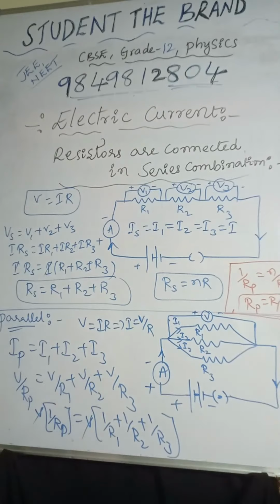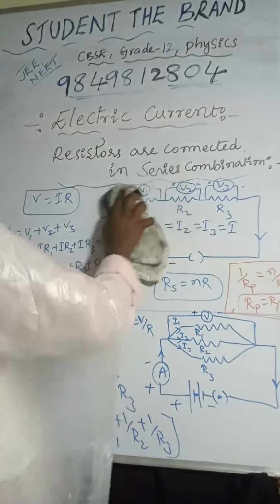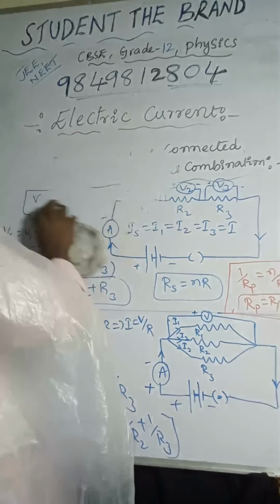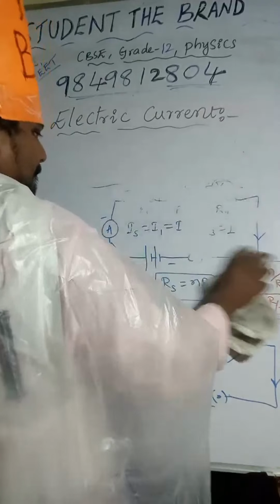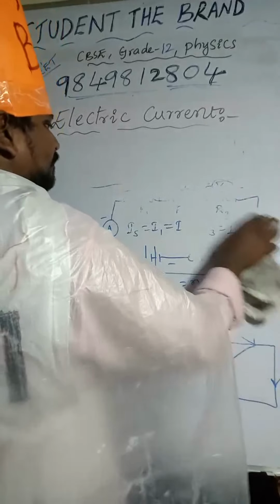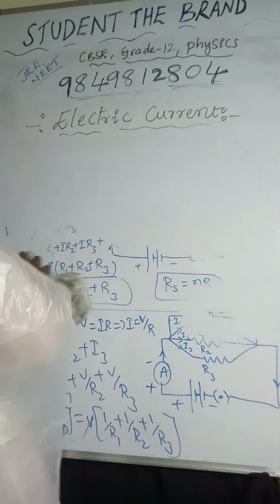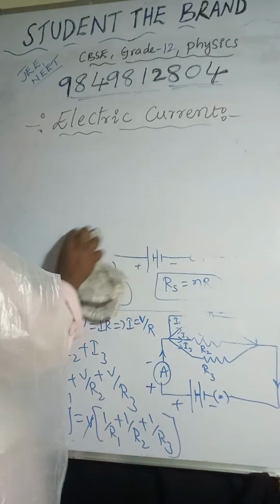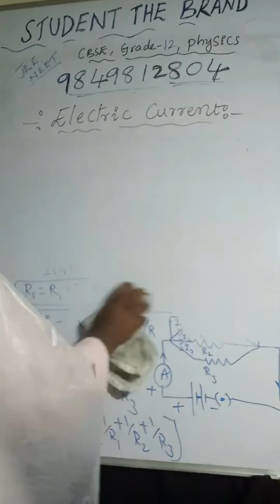So you can check once now. Now Kirchhoff's laws. We'll discuss Kirchhoff's laws. So the algebraic sum of current reaching to a junction in a closed circuit is equal to 0.